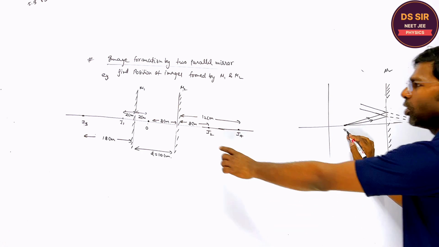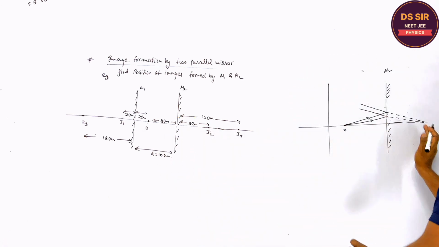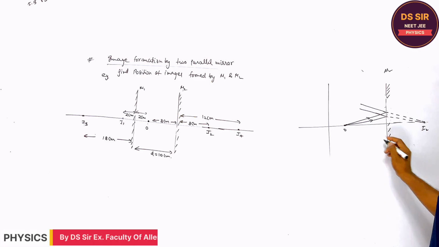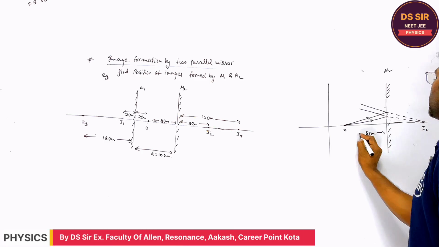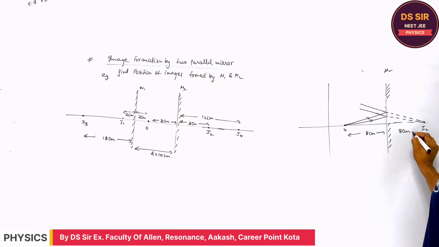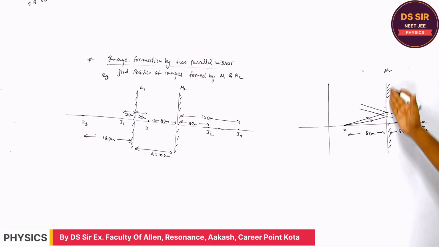So this is the object O. Behind the mirror, the image I2, this is 8 centimeter, and this is also 8 centimeter. So I2 is formed by M2, like this.